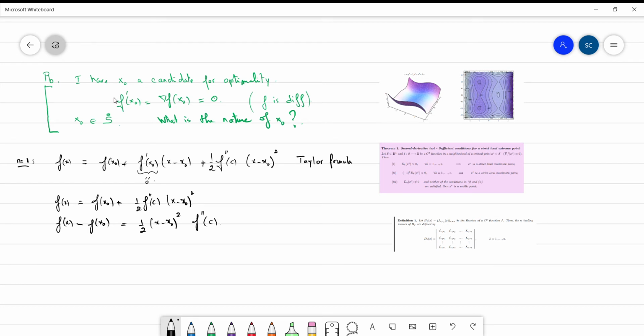And c, of course, is a point between x0 and x, so it's close to x0, in some interval.